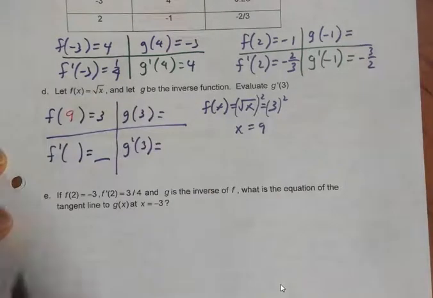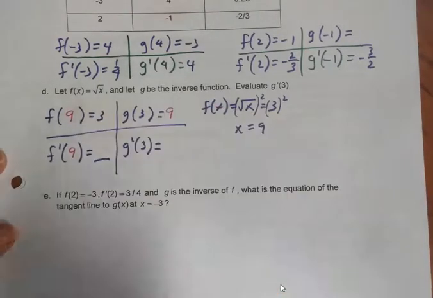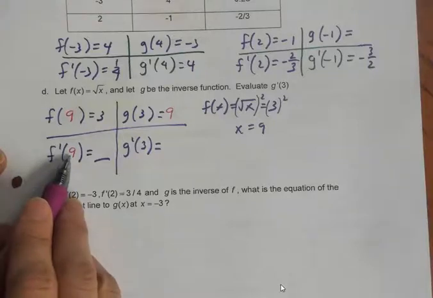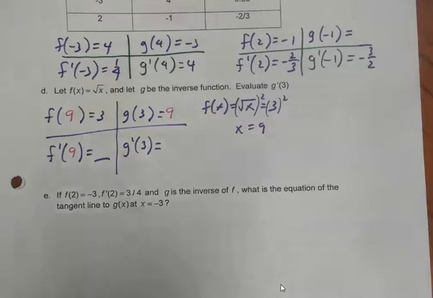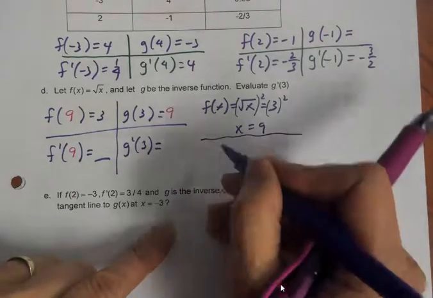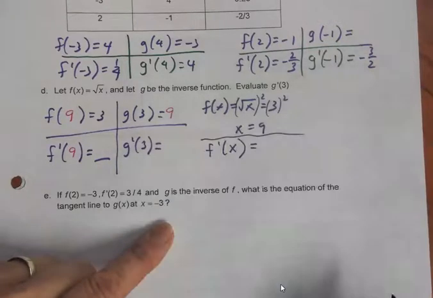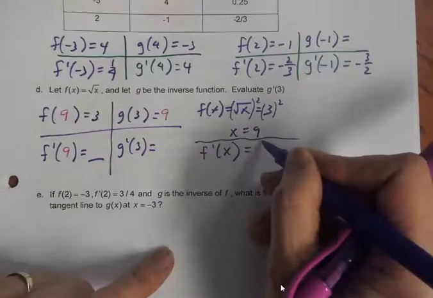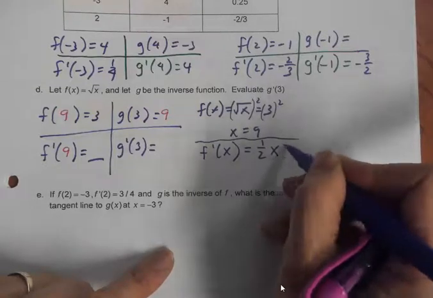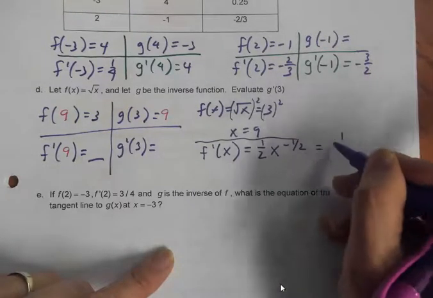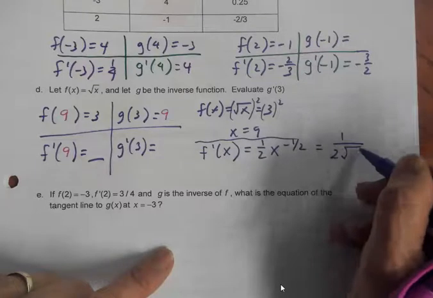Now I can start filling in other things. Put 9 here. I don't really need it, but I could put 9 there. And now I need to calculate f prime of 9. How do you get f prime of 9? Yep, I need to find f prime of x first. So f prime of x is 1/2 x to the -1/2, which is the same thing as 1/2 square root of x.